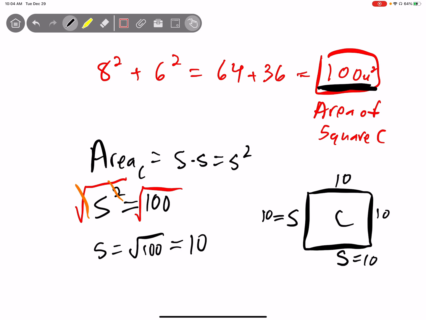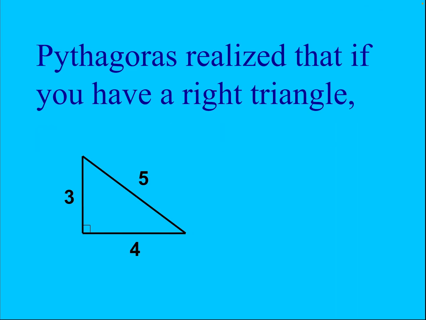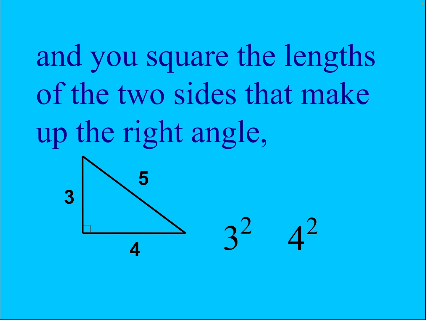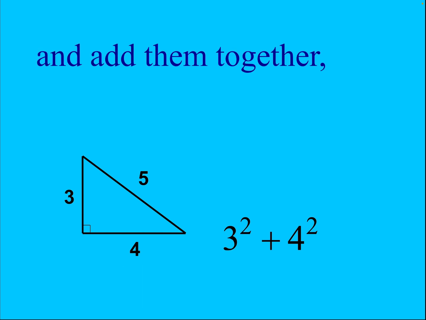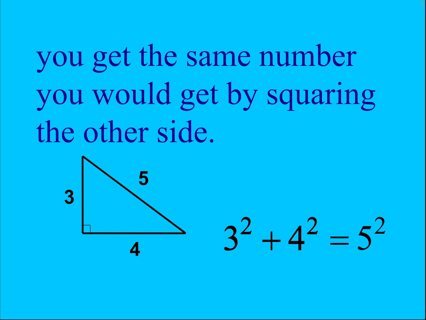Okay? And we did that by solving for the area of square A plus the area of square B. And that gave us the area of square C. So Pythagoras realized that if you have a right triangle and you square the lengths of the two sides that make up the right angle and add them together, then you end up getting the same number you would get by squaring the other side.